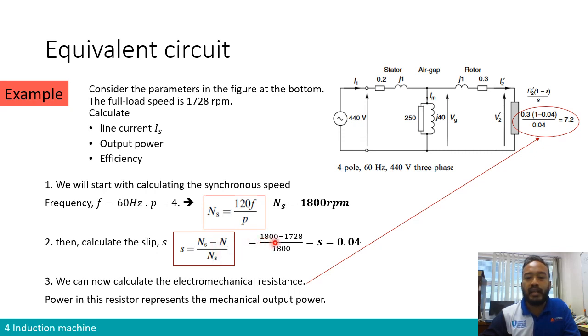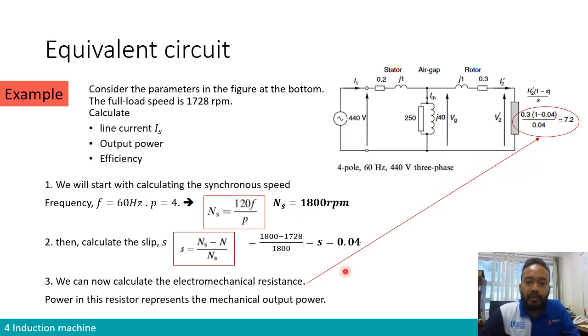So (1800 minus 1728) divided by 1800 gives 0.04. That's what has been entered over here, 0.04. It is the value of slip, given full load speed of 1728 RPM versus synchronous speed of 1800 RPM. So now we have the slip.